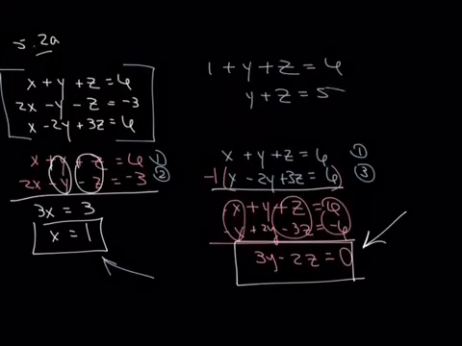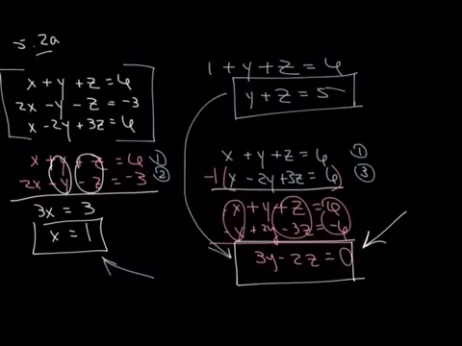Alright, so notice what I have here. I have an equation, y plus z equals 5, and I have an equation here, 3y minus 2z equals 0. What I have is two equations with two variables, so I got rid of one of my variables. At this point, I can take my two equations, put them together, and solve using systems of equations.